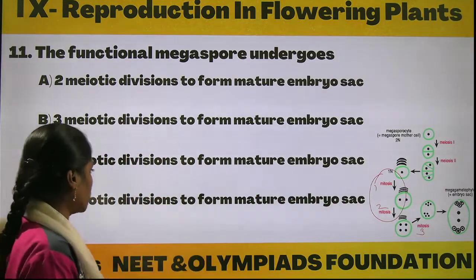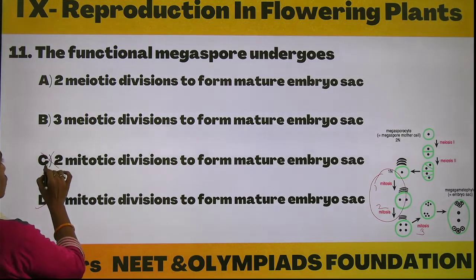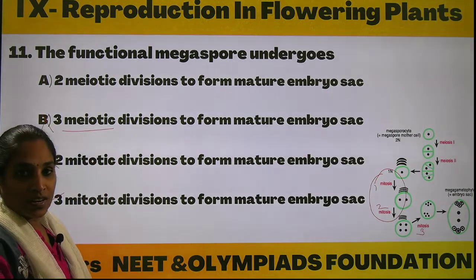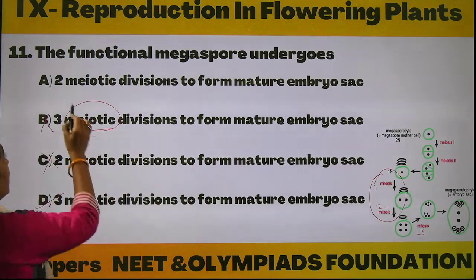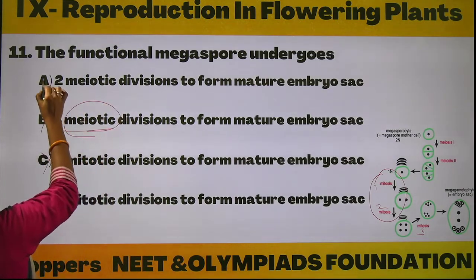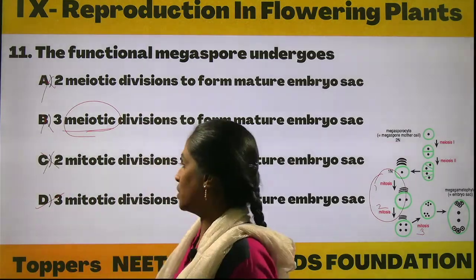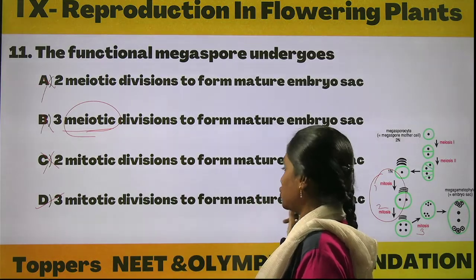Option D is the correct one. 2 mitotic is wrong. 3 meiotic: here the count is correct but the type of division, meiotic, is wrong. And the next one, 2 meiotic divisions, is also a wrong option. The correct option for developing a mature embryo sac is 3 mitotic divisions.